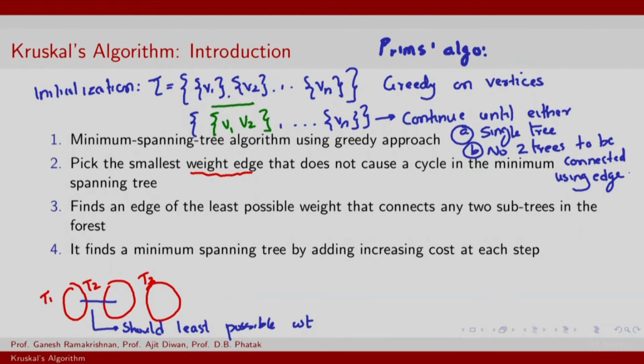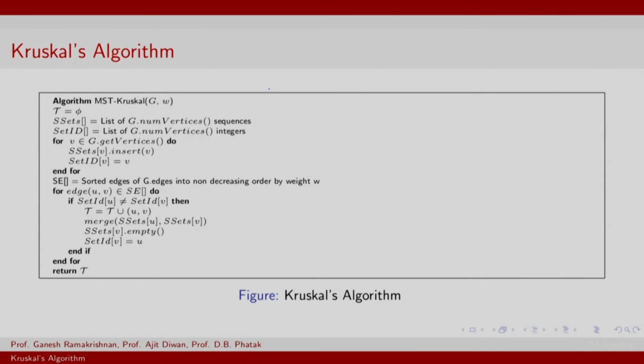How can we implement this? Well, we will need to make use of some union structures where you can maintain unions of trees, and you also need to keep track of these individual sets. We are going to maintain these individual sets as sequences. So we are going to have S sets as an array of sequences.